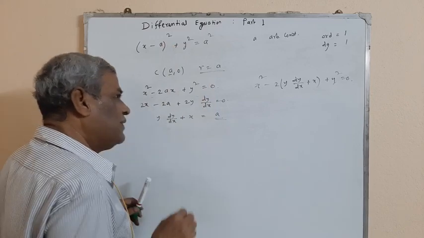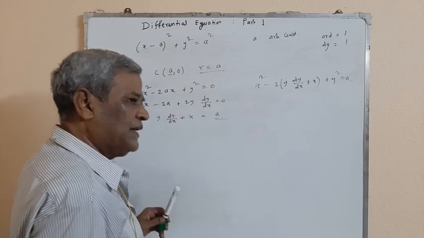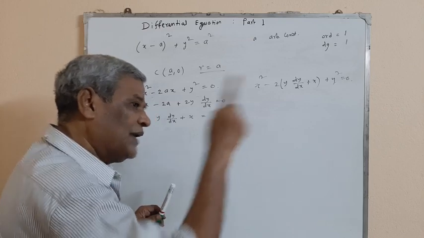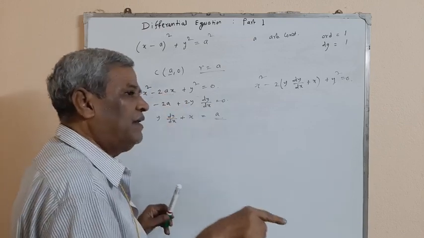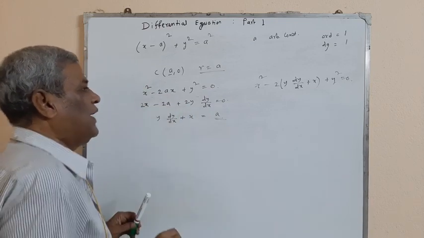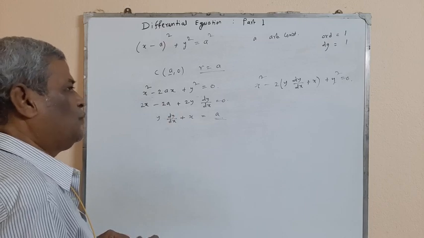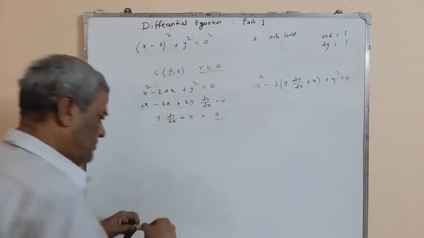So in the given relation, only one unknown is present. So order is 1 and a is present linearly. Degree is 1. So from here we say its degree is 1, order is 1. So without a lot of calculation we can say that.